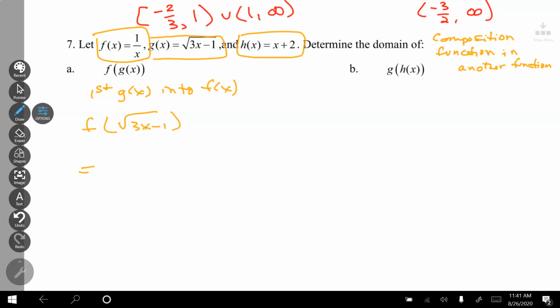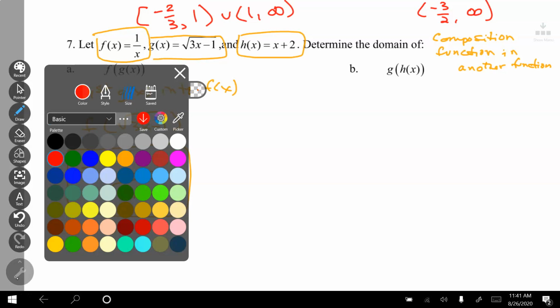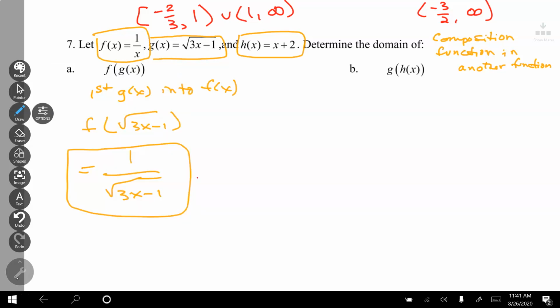And that goes in the denominator, becomes 1 over the square root of 3x minus 1. And that is the new composition function. But now I have to do the domain. And again, this is rule 2 with rule 1, 3x minus 1 just greater than 0, or x greater than 1/3, 1/3 to infinity.